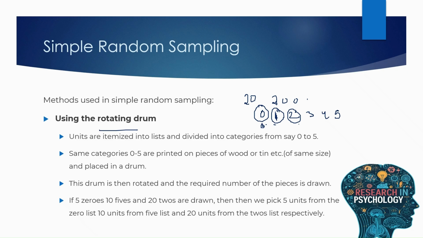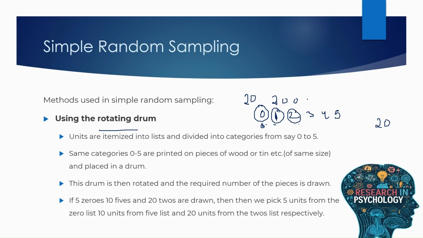So in this way, I will have a piece of wood or tin representing all my 100 people, right? Then the drum is rotated after all these pieces are put in the drum, and then randomly, if I need 20 samples from this 100, I'll be randomly choosing 20 of these wooden or tin pieces, right?